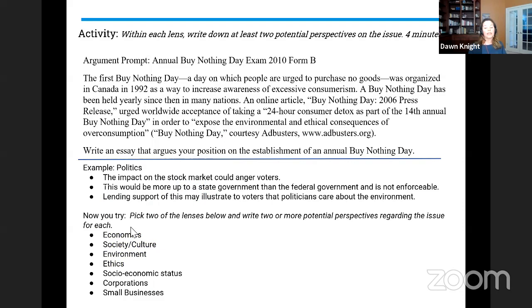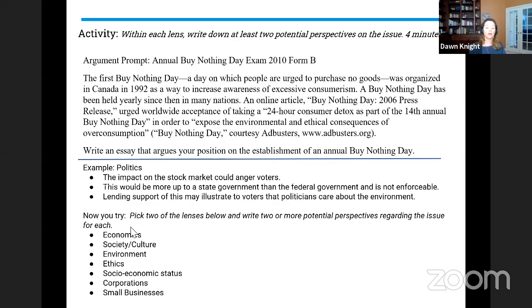Okay, so we've narrowed it down to these and maybe some others that you included as well. As I said, yours might have varied a little from mine. Now I want you to consider the various perspectives within these lenses. So for example, if you look at my example at the bottom, I looked at the politics lens to think about the varying perspectives within this lens.